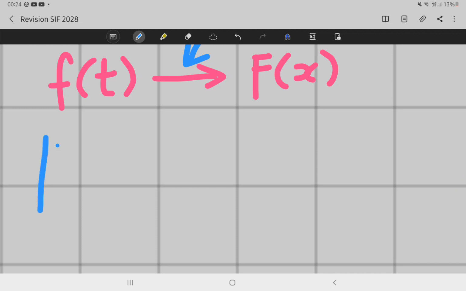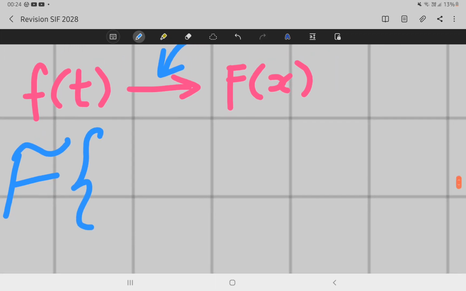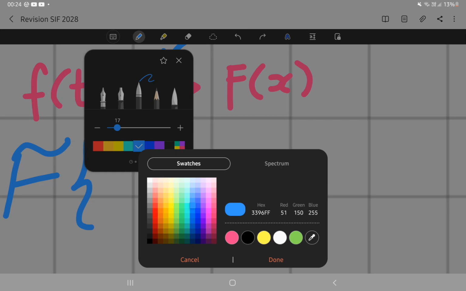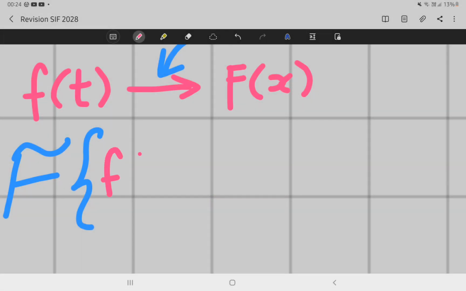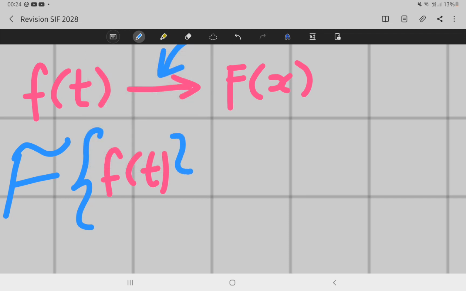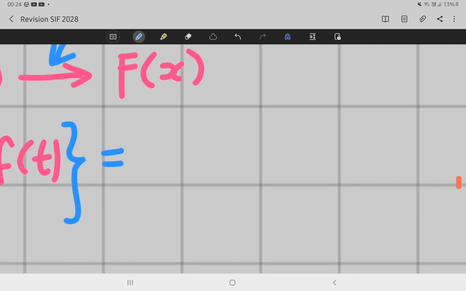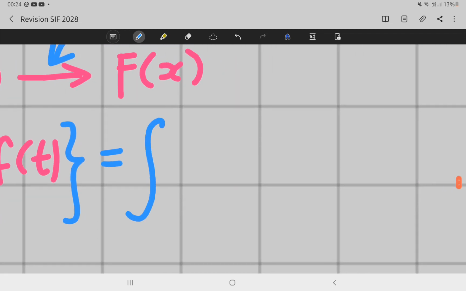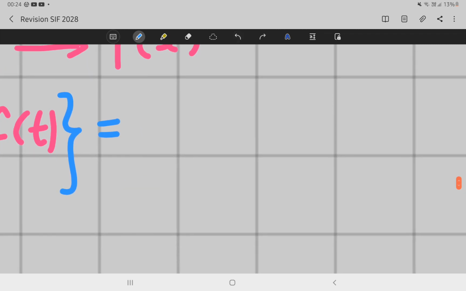Fancy f of t equals the integral, and we have the normalization constant 1 over square root of 2 pi.